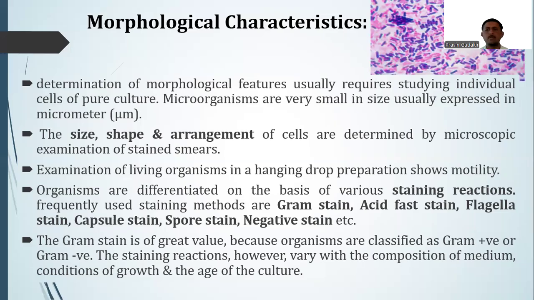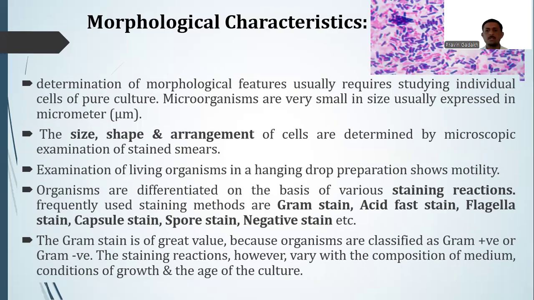Apart from that, to determine whether the organism is motile or not, we follow the hanging drop method. Organisms are differentiated on the basis of various staining techniques, and the frequently used staining method is gram staining.